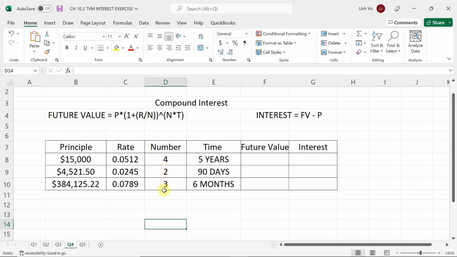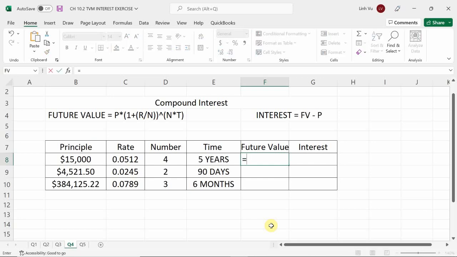So in this case, same exact scenario as the simple interest, but this time let's calculate it using compound interest. So the first one is I borrowed $15,000 at an interest rate of 5.12%. I have the number of times compounded, which is quarterly, so every 3 months I get recalculated, and it's going to be redeemable in 5 years, or however you want to see this.